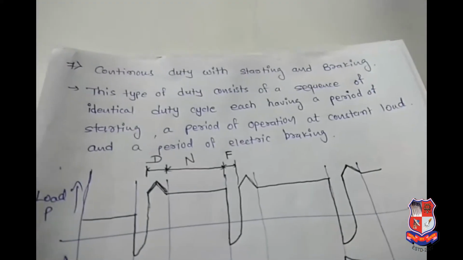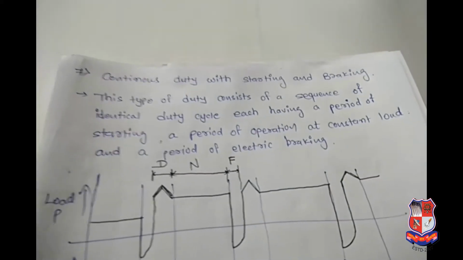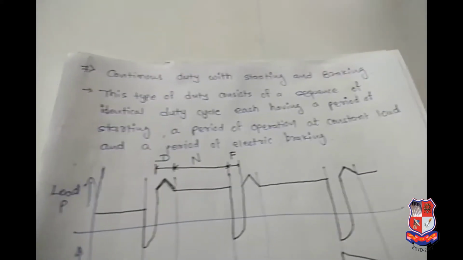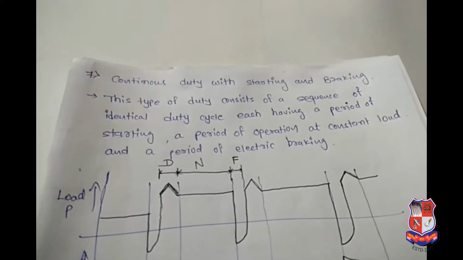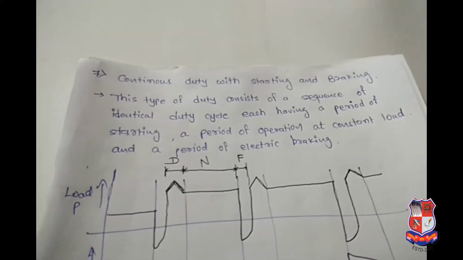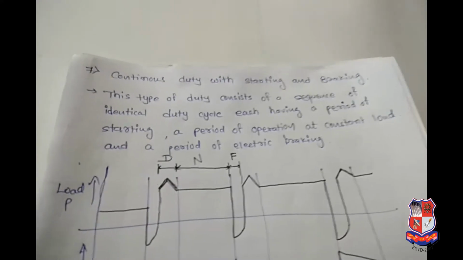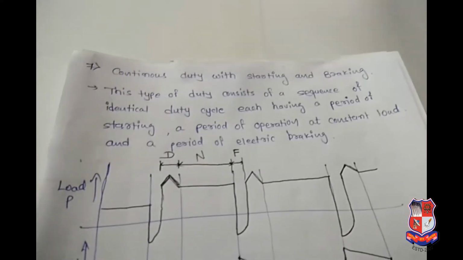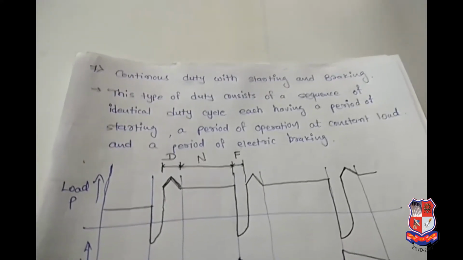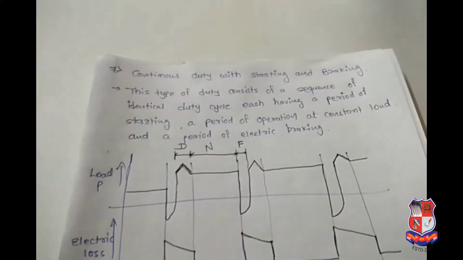Now 7.1 is known as continuous duty with starting and braking. Here braking is applied, and braking can be applied with the help of mechanical braking, or if we cut off the supply, then electric braking occurs in this type of duty cycle.